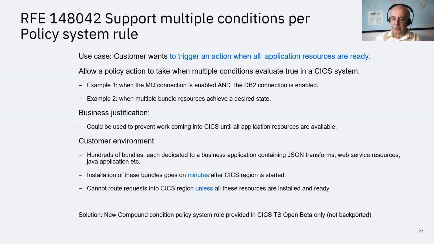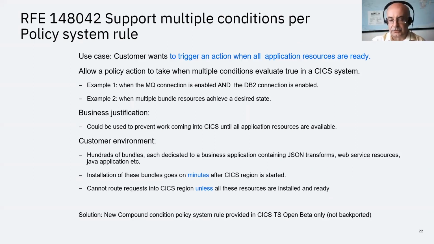And one of the things you can do on a system rule is to start the WLM health increment. And so CICS will then start incrementing the health value, and it will eventually reach 100%, and then Sysplex distributor will route into that region. So that's one example.